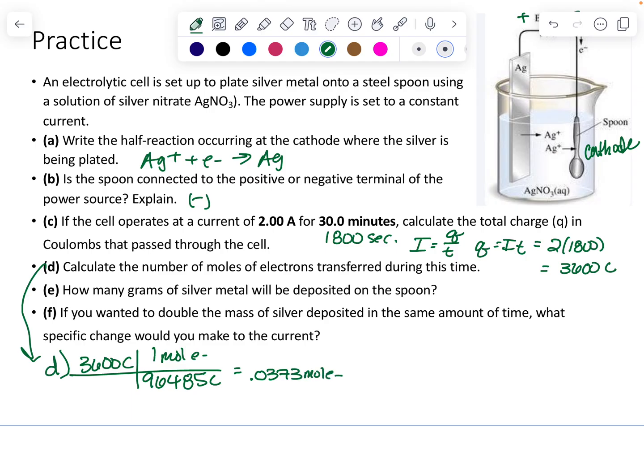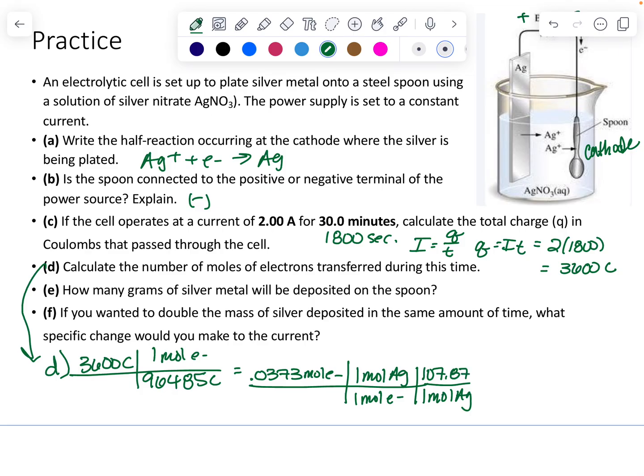Okay, and then how many grams of silver metal will be deposited on the spoon? So we need to see how many electrons are going to be transferred per silver. Just one, right? And then we need our molar mass of silver, which is 107.87. If you convert it, it's 1 mole of electrons on the bottom, 1 mole of silver on the top, and then 1 mole of silver on the bottom, and then the molar mass on the top.